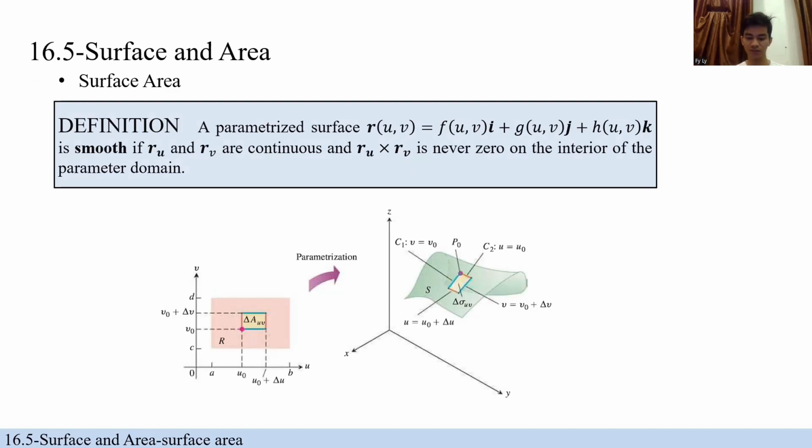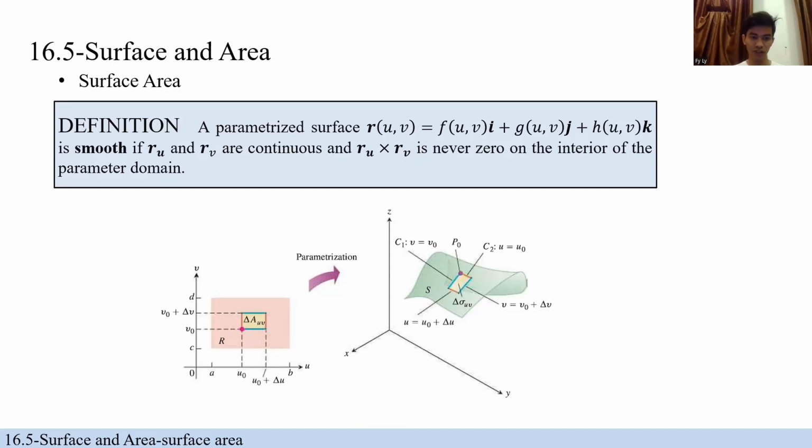This means that r_u and r_v are non-zero, never lie along the same line, and are tangent to the surface. Let's take a look at the picture below the definition.